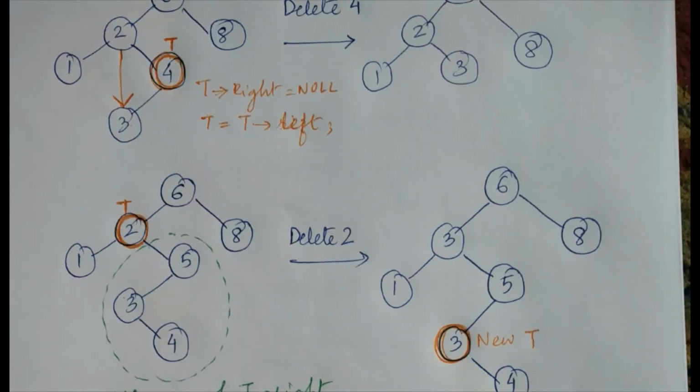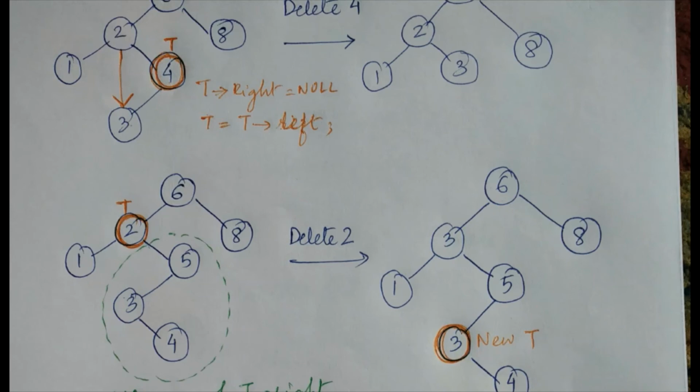Now let's say you have to delete 2. When you actually reach here, what do I mean by reaching here? When you see 2 is less than 6, you call delete 2 on 6 to left, which is the left subtree. Now 2 is not less than 2, 2 is not greater than 2, so 2 is equal to 2. That means I have hit the exact node which I want to delete.